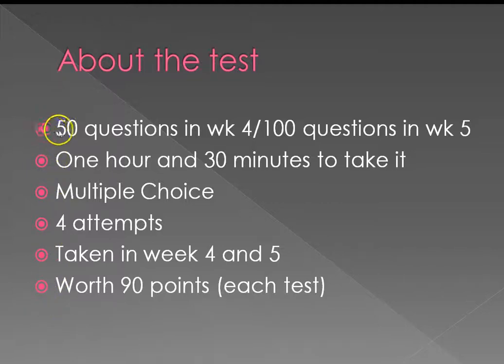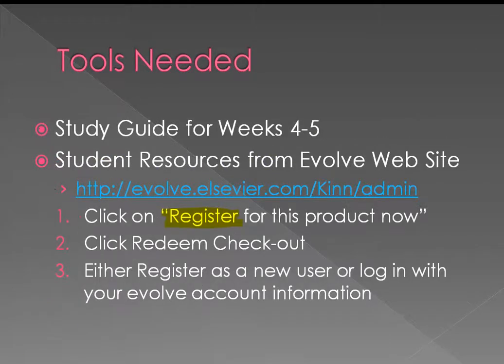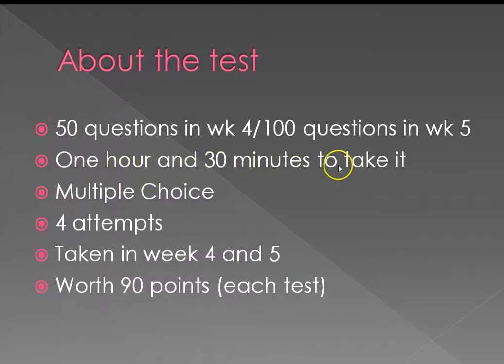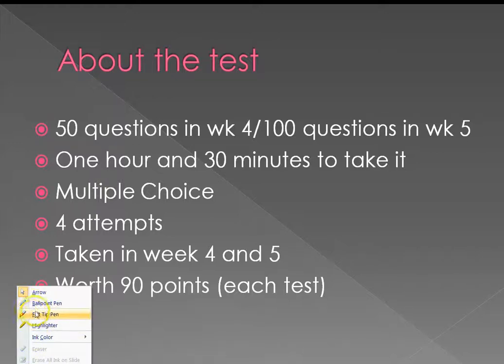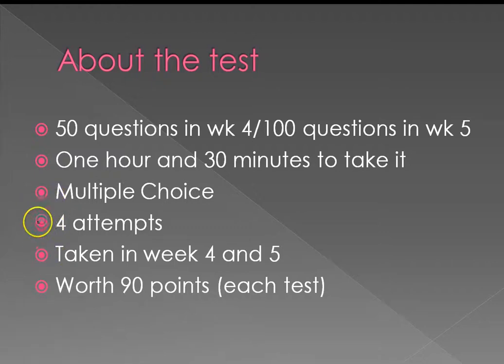In week 4, you will have 50 questions. And in week 5, you'll take your second portion and you will have 100 questions. Each week, you will be given 1 hour and 30 minutes to take the test. The tests are both multiple choice and you're going to receive 4 attempts each week.